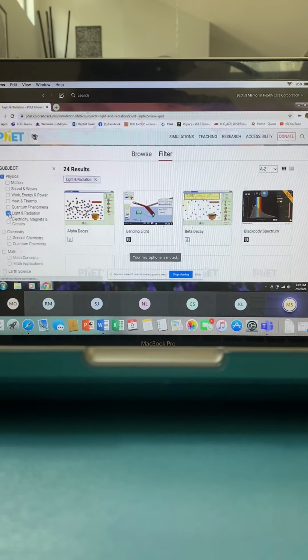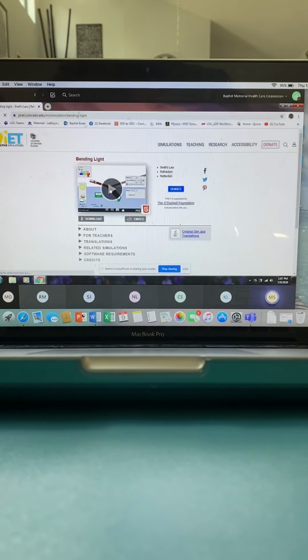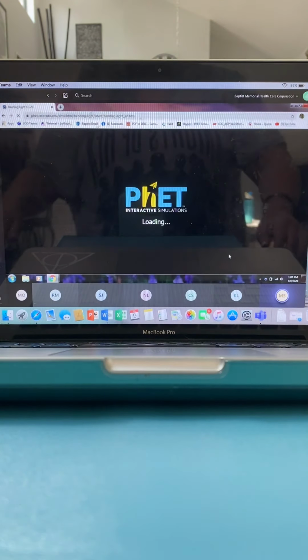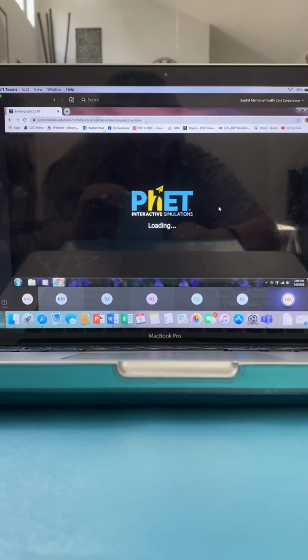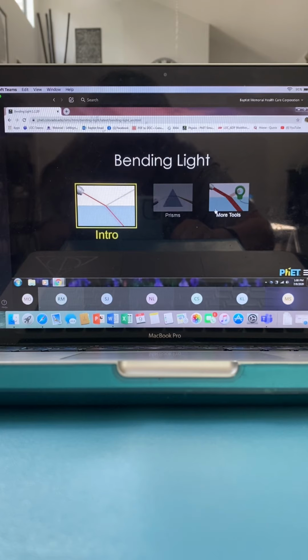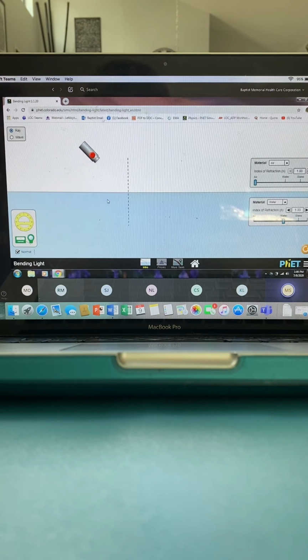All right, this is the lab we are going to do today. This is the bending of light.